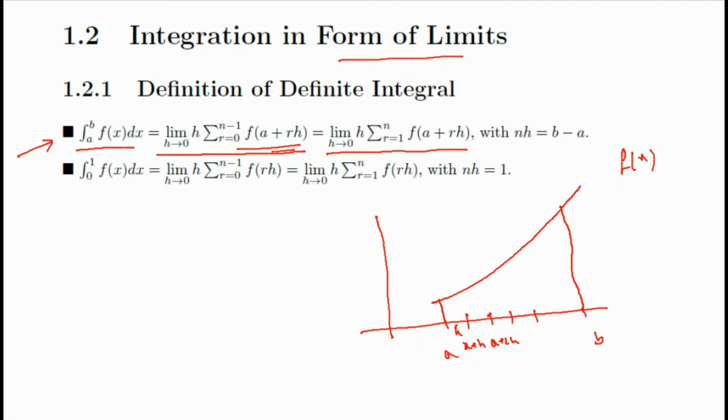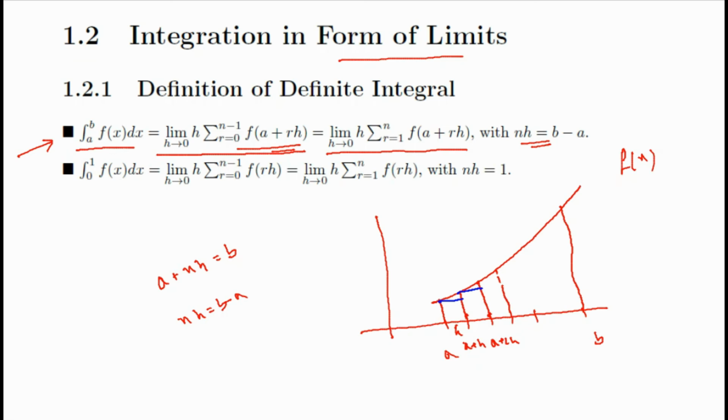The last point is b, and ultimately a plus nh is equal to b, that means nh is equal to b minus a, as you can see here. Now the idea is, we will just draw some vertical lines. Now we will just try to find out this area.